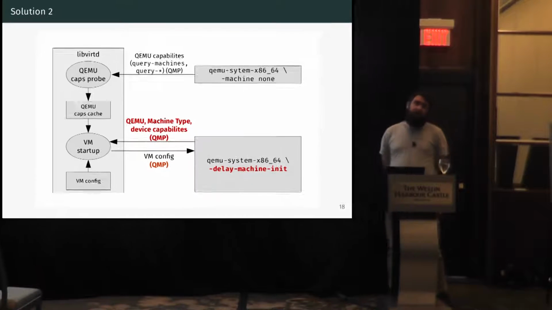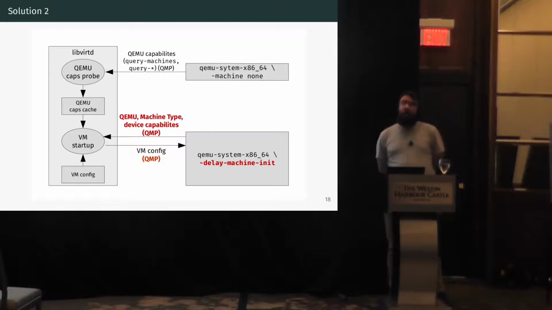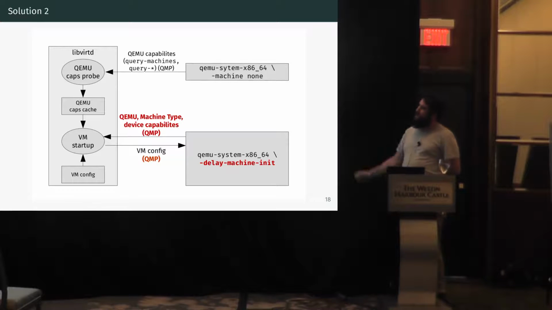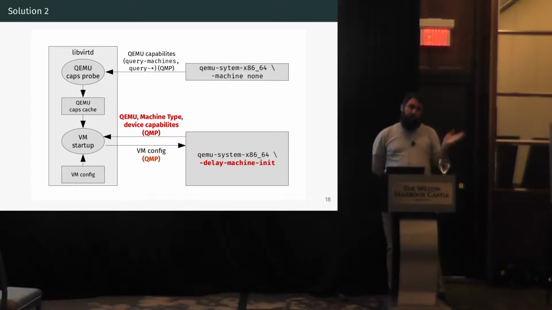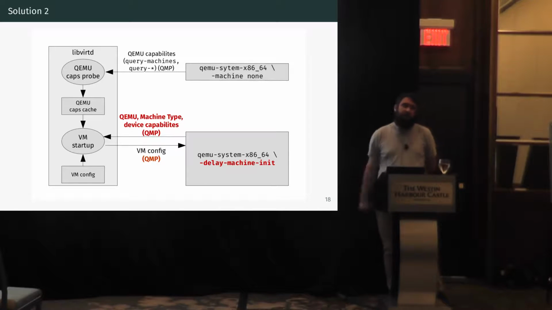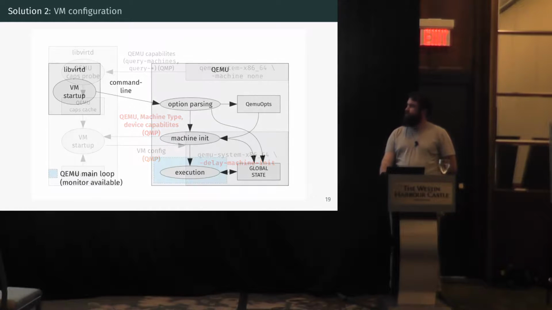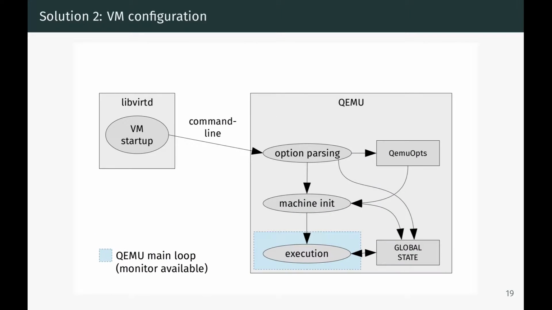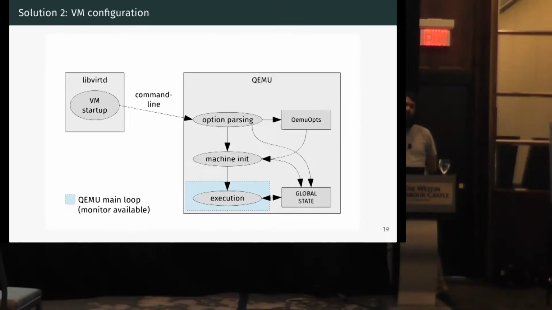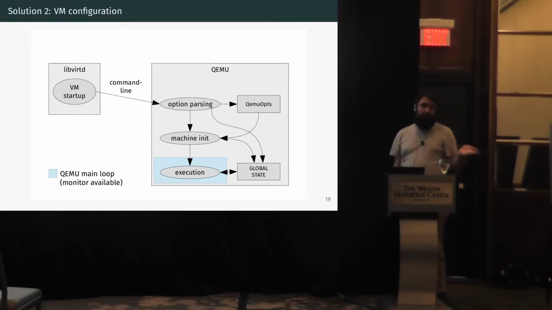This way libvirt could have all the information that couldn't be queried at the very beginning, and then you could configure the VM and start it, and the problem would be addressed. The only issue is that we will need to change some things inside QEMU. So this shows how initialization works on QEMU, and that's probably one of the reasons we don't have something like that.